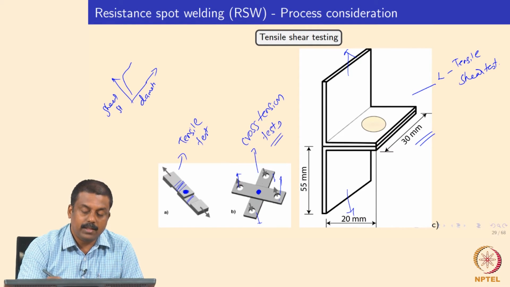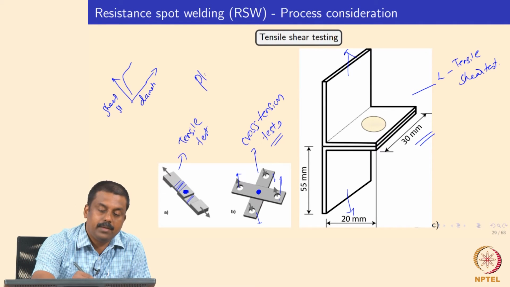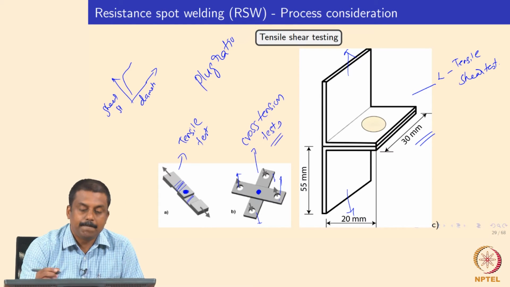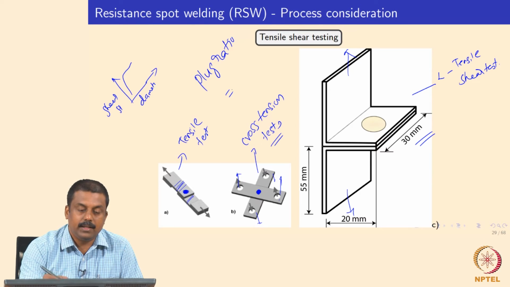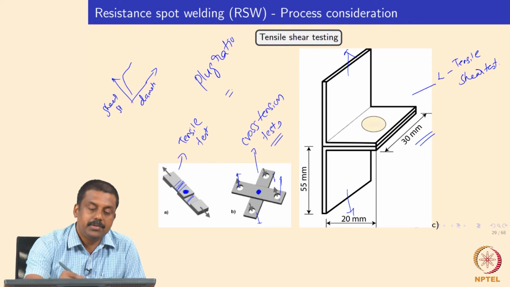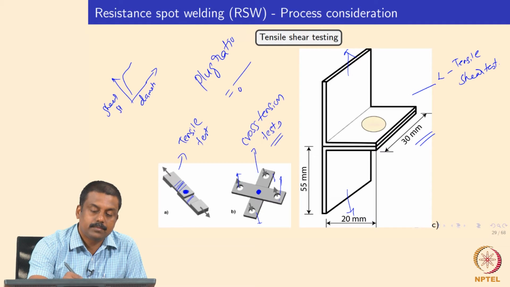That is what is known as the plug ratio. The plug ratio, which we calculate after cross tension testing, is the ratio between the actual weld nugget diameter over the plug size after failure.